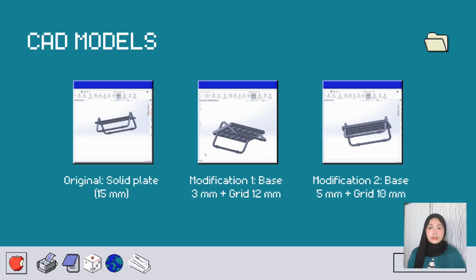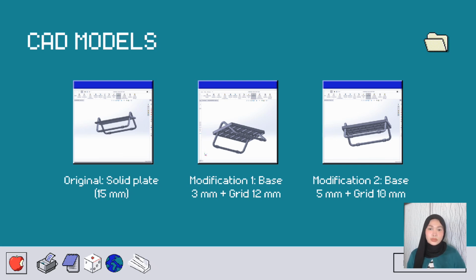CAD design models. 3 designs were developed. The original design is a fully solid plate with 50 mm thickness. Modification 1 used a grid structure with a 3 mm base plate and 12 mm grid height.